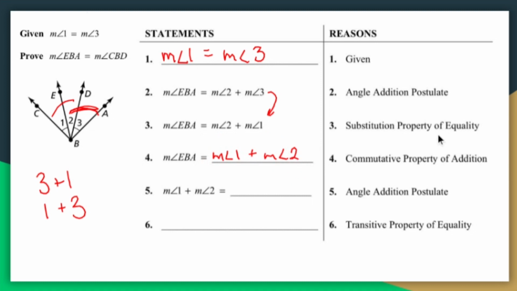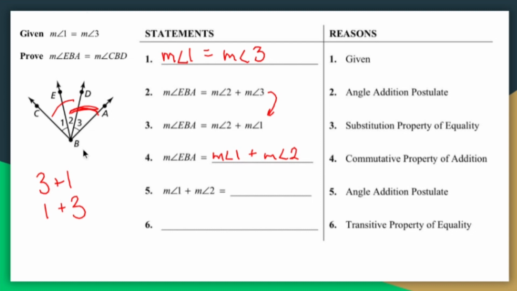Proofs are annoying, but if it says you need to use the commutative property, just think of a commute to work. If you take route 3 to work and then take route 1, then on the way home, you're going to take route 1 to route 3. Makes sense? It should. So now the measure of angle 1 plus the measure of angle 2 equals stuff from the angle addition postulate.